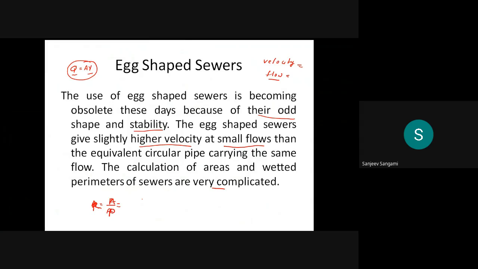So this is what we are using for circular pipes.